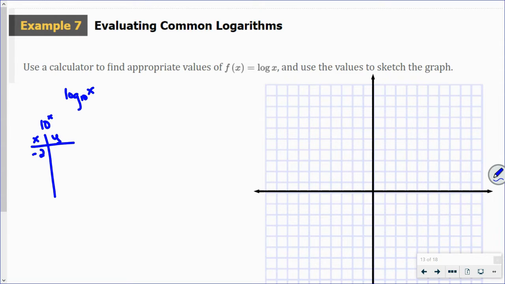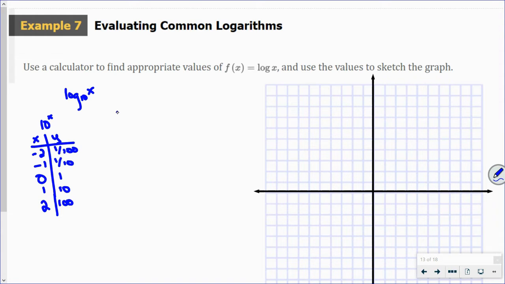Let's say -2, -1, 0, 1, and 2. Maybe it's easy to start with positive ones. So 10 squared is 100. 10 to the first is 10. 10 to the 0 is 1. And then you have 1 over 10 and 1 over 100.